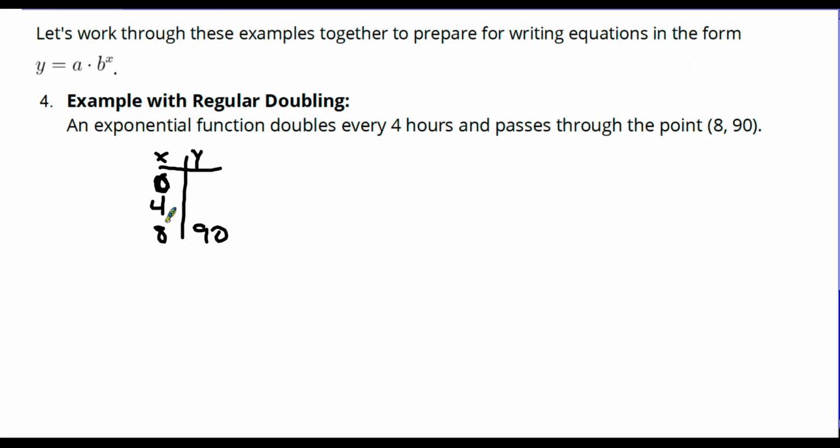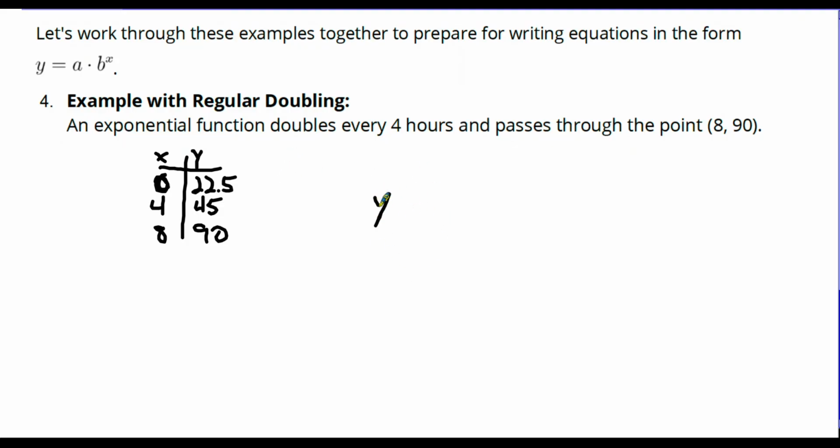This is happening every 4 hours. So if I think about going 4 hours in the past, if I doubled some value to get to 90, that means I would have to take half of 90 to go backwards. That means this value would have to be 45. And then again, thinking backwards, that would get me to 0. Half of 45 is 22.5.